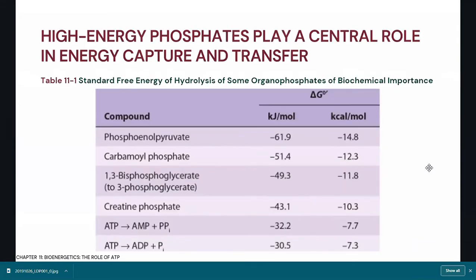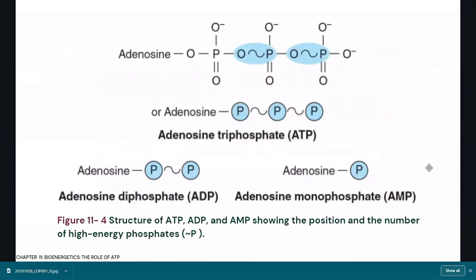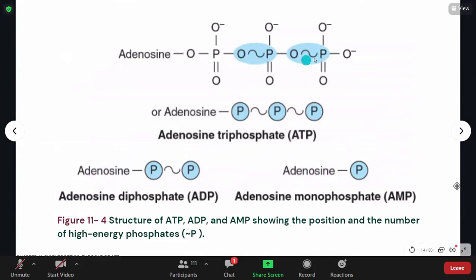Can you get that? Huh? Okay. This, what do you call this sign?